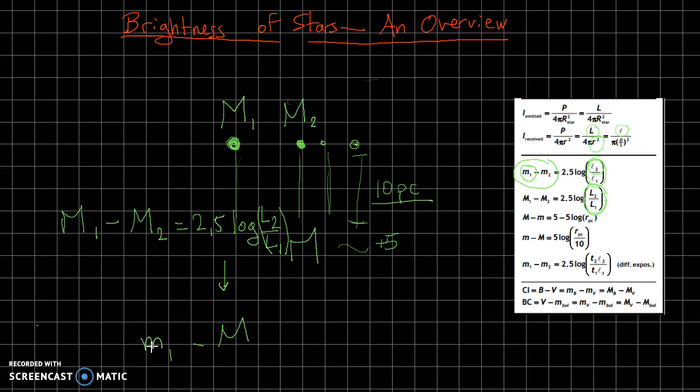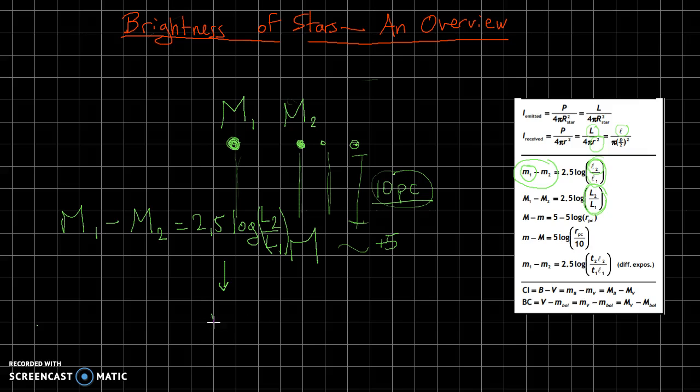Then the apparent magnitude of a star minus the absolute magnitude of a star will be the ratio of apparent luminosity and absolute luminosity. So apparent luminosity will depend on the intensity measured at its current distance r, while the absolute luminosity would be its apparent brightness when measured at 10 parsec.